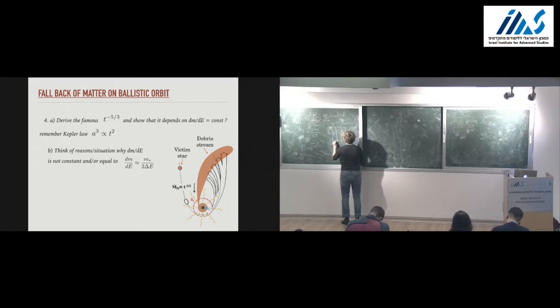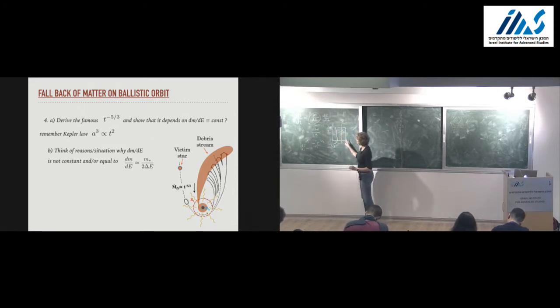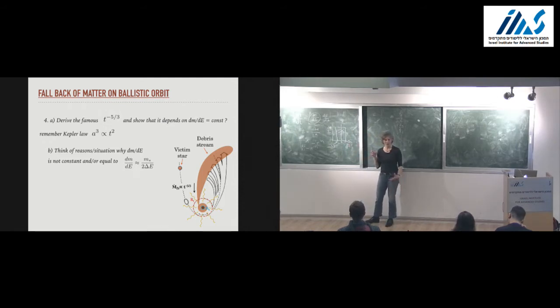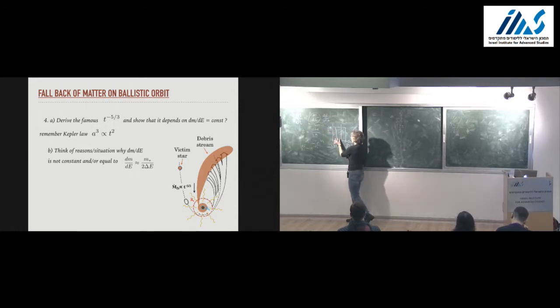And this is 0, and this is minus delta E, and this is plus delta E, right? And this is the dM over dE, so the amount of mass in every bin of E. So why is it not completely realistic? This is the amount of mass in each bin of dE.